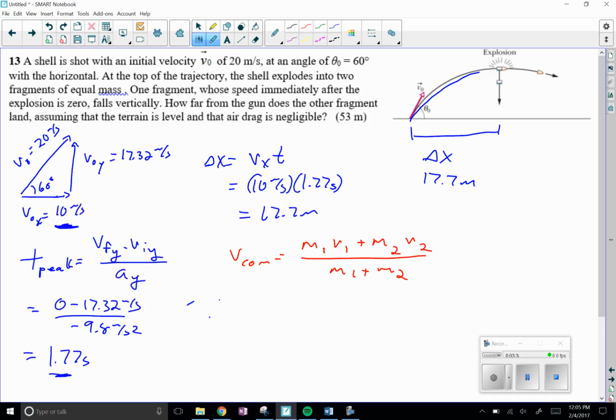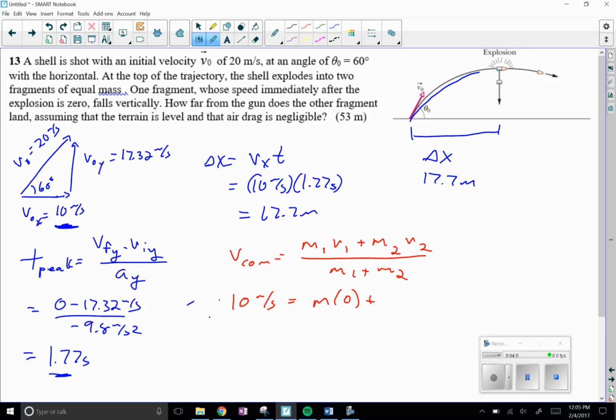So let's plug in our numbers. I know that the velocity of the center of mass at the top has got to be 10 meters a second. Now, I know my two masses are equal, right? So instead of distinguishing between M1 and M2, I'm just going to call them M. So this first chunk has a mass of M, but remember, its velocity became 0 after the explosion.